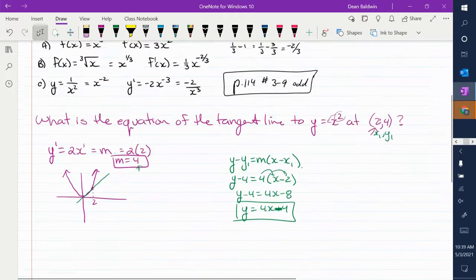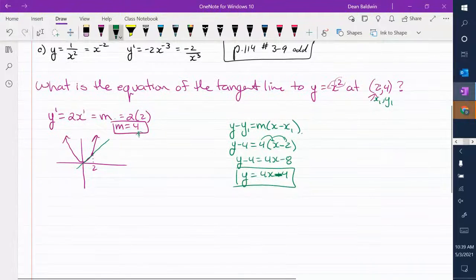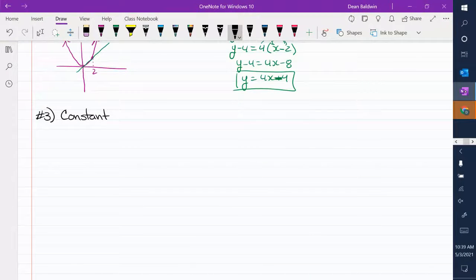So the third rule. The first rule was the constant rule, then we did the power rule. The third rule is the constant multiple rule. And we've seen versions of this with limits.